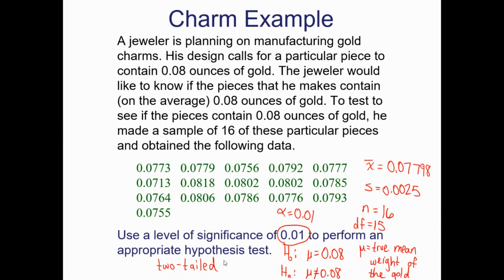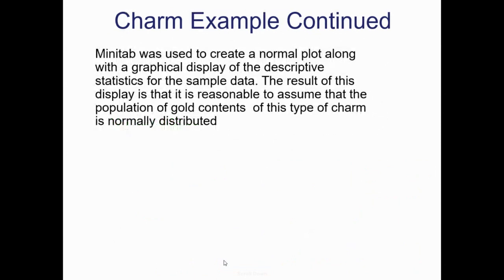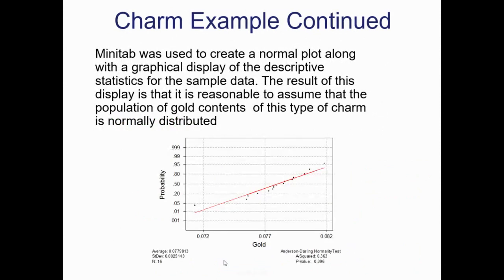Okay, so we got quite a bit of information just from the problem. Let's check our assumptions before we proceed right quick. So we did that, we did that, we did that. Minitab was used to produce this normal probability plot, which is down there at the bottom of your page. Most of our points are along the straight line. So what can we assume then? We can assume normality.